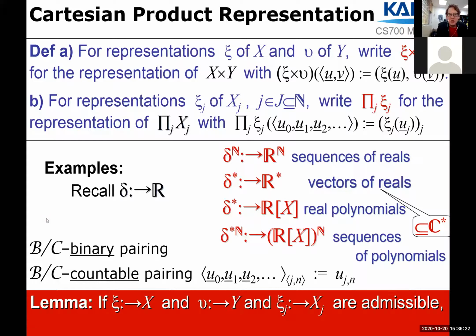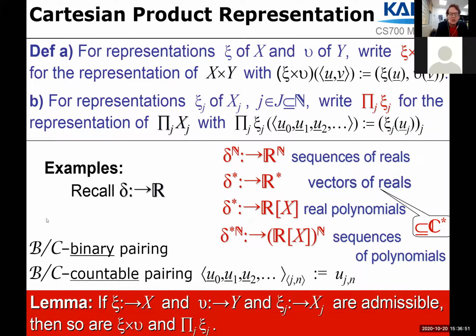Our categorical construction not only translates representations into new representations, but actually translates admissible representations to admissible representations. So if the original representations are admissible for X and Y, then their binary Cartesian product representation is again an admissible representation for the Cartesian product space, and similarly for the countable case.